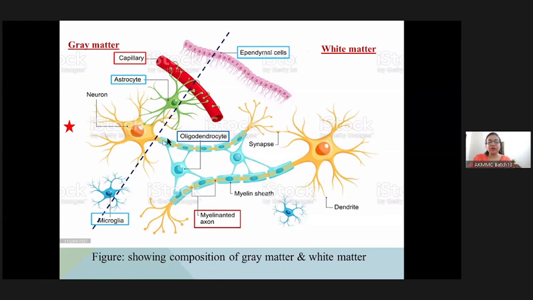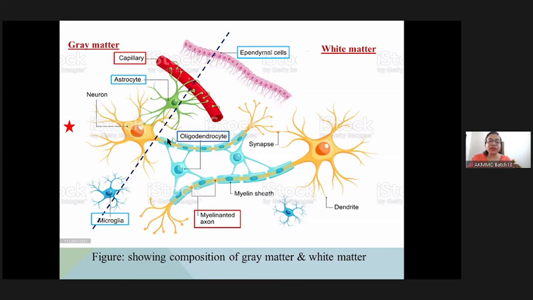But the whole axon is covered by myelin sheath, formed by oligodendrocyte. Around this axon, around this nerve fiber, and that's why this is white. And here also, the astrocyte will form the support.